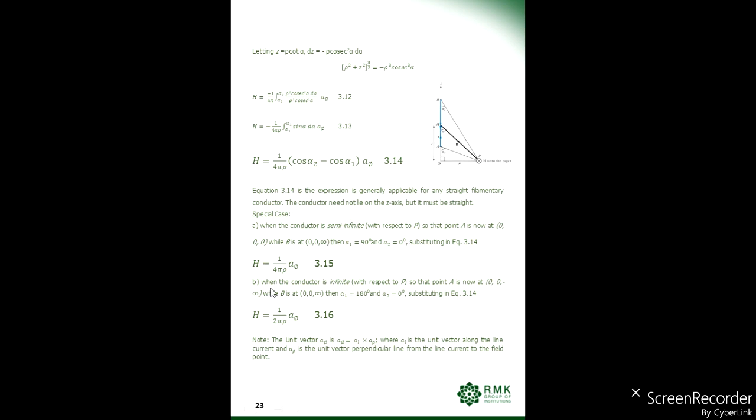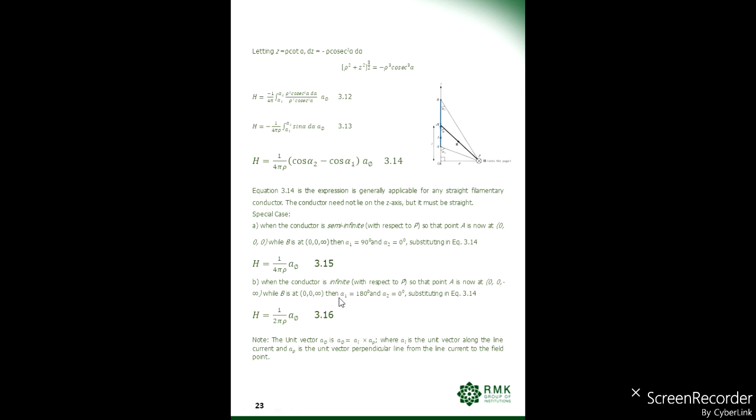In the second case, when considering that the conductor is of infinite length, the point A is at 0, 0, minus infinity and the point B is at 0, 0, infinity. Then the angle alpha 1 is equal to 180 degrees and alpha 2 is equal to 0 degrees.